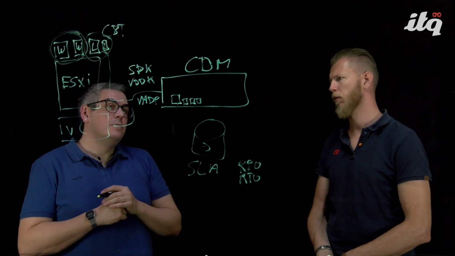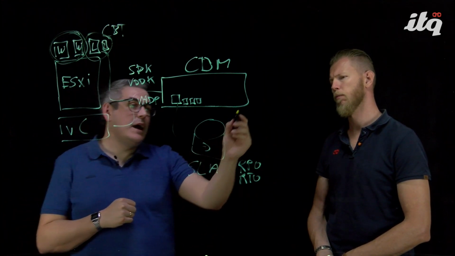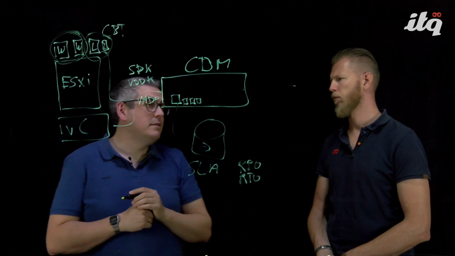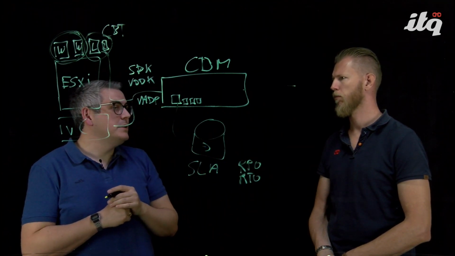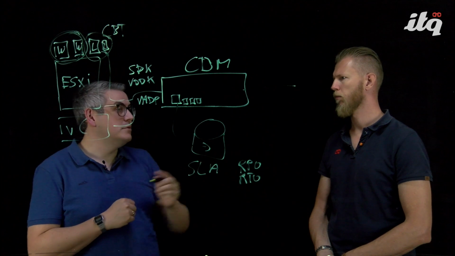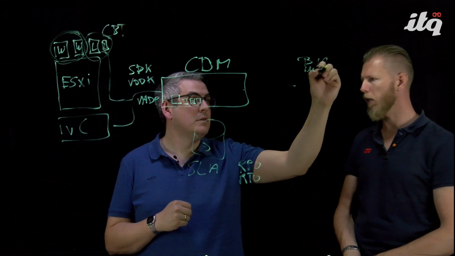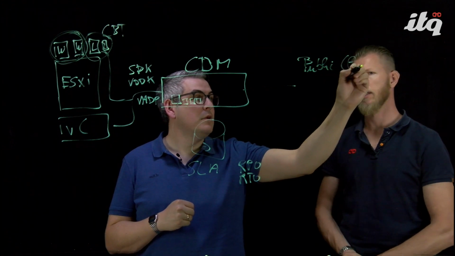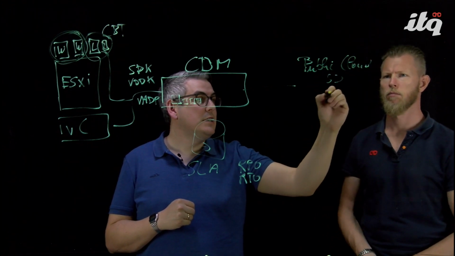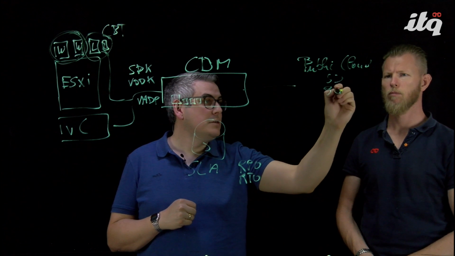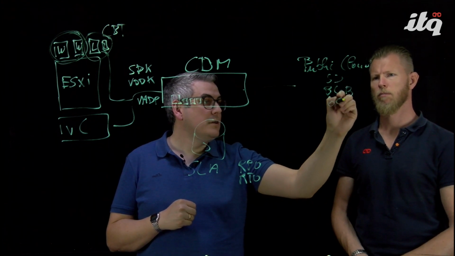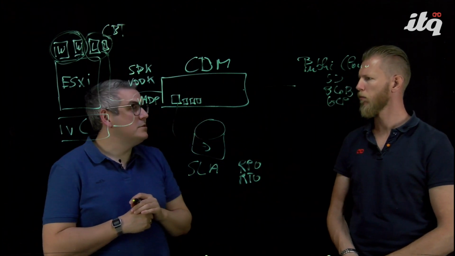But then typically we have the ability to connect, again using standard API integration, with a third-party storage layer. So this could be the public cloud. Like an Amazon S3 bucket? Yeah. It could be Amazon S3, it could be Azure Blob Storage. It could be GCP, whatever the customer wants to use, really.